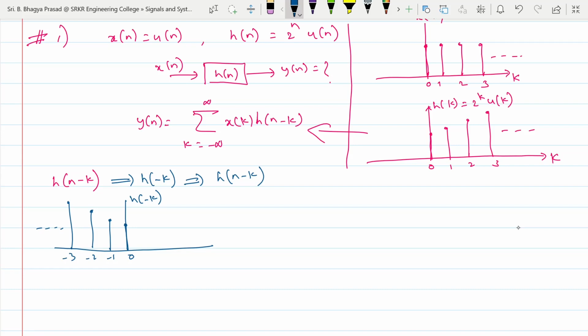Then you go for the shifting, that is, you simply add an integer n to these time instant values on the k axis.